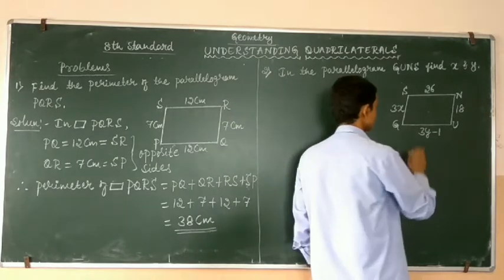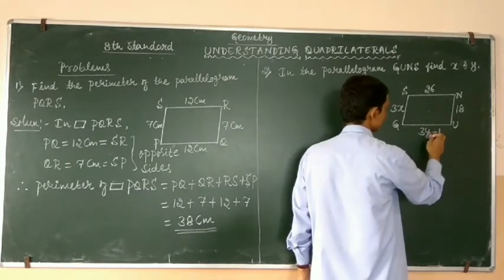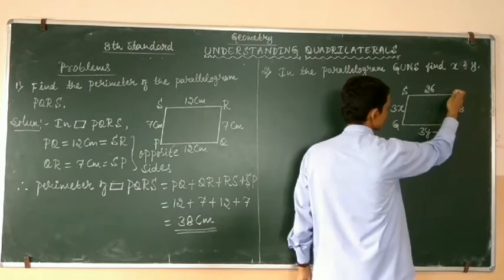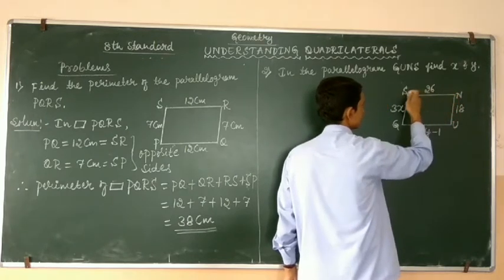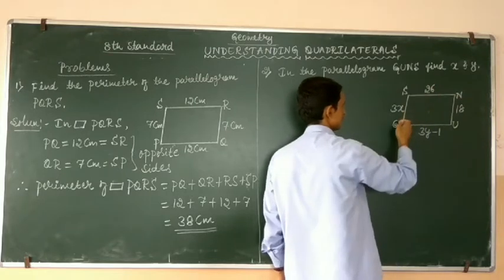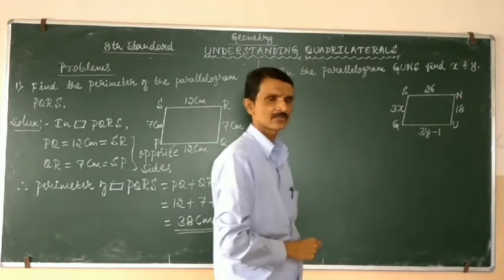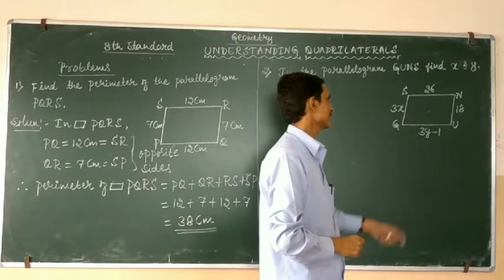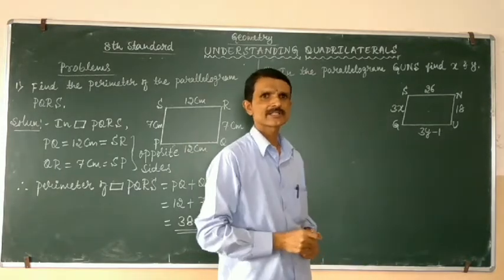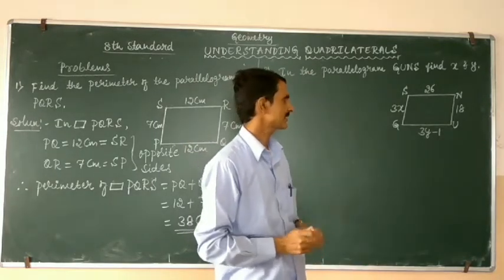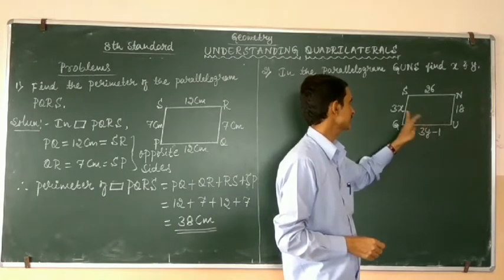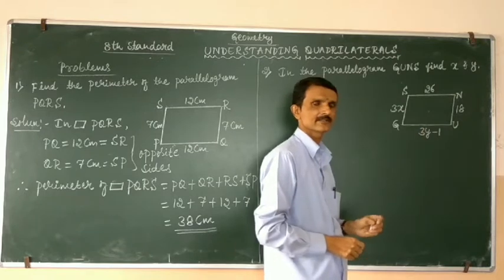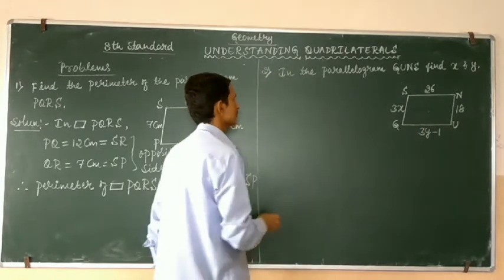They have given the length of GU as 3y minus 1, UN as 18 units, NS as 26 units, and SG as 3x units. By using the property that opposite sides are equal, we are going to find the value of X and Y.